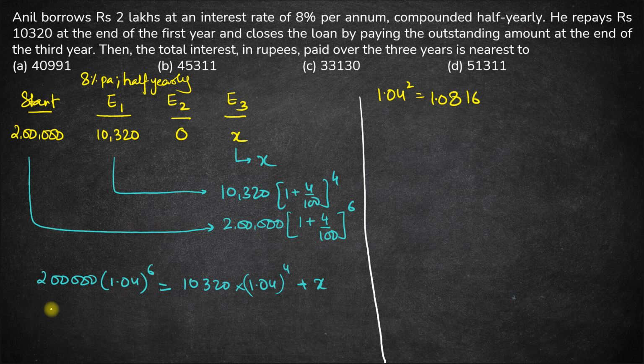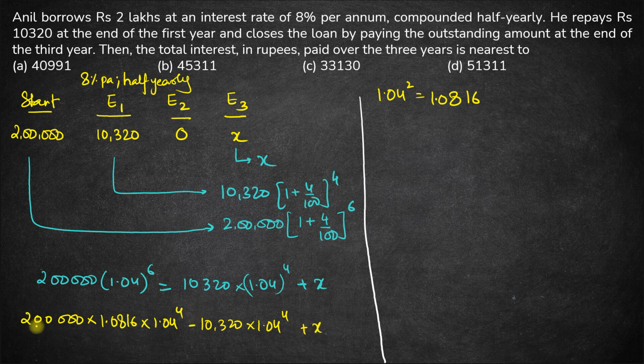So 1.04 to the power 6 can be written as 2 lakh into 1.04 whole square, which is 1.0816 into 1.04 to the power 4. This is 1.04 square and this is 1.04 to the power 4, which is effectively 1.04 to the power 6. Taking this on the left hand side, this becomes minus 10,320 into 1.04 to the power 4 plus X.